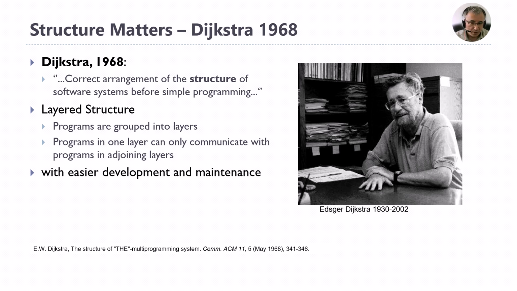We will discuss this later, where he actually grouped the system as a set of layers to simplify the development and maintenance of systems. Dijkstra's insights also laid the foundation for many of the architecture principles that we use today, emphasizing that structure should guide the development process.